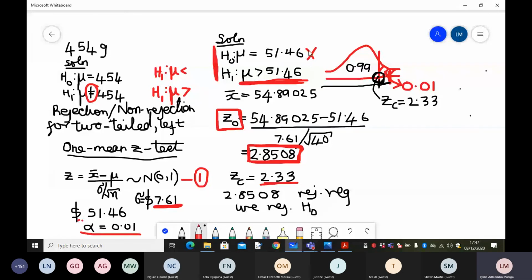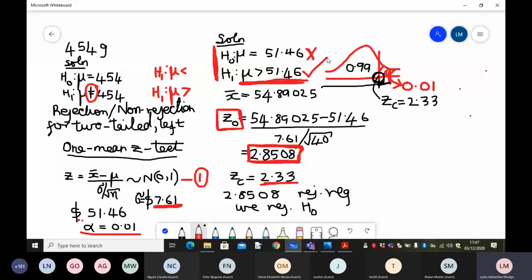If we have rejected H0, then the alternative is the one which is correct. Because we have rejected H0, we are saying that the test results are statistically significant. And so the conclusion is actually what we said in the alternative: the mean retail price of the books has increased.